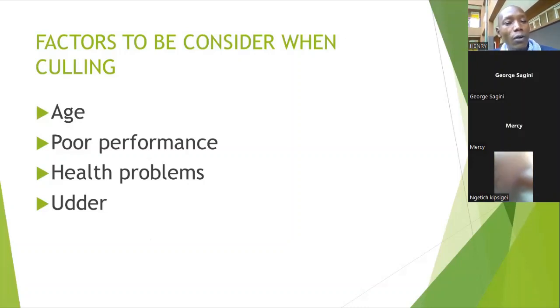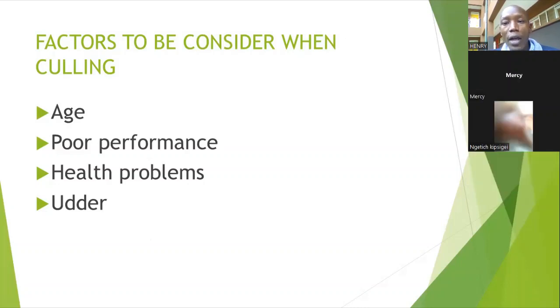Then the second objective is to see the factors to be considered when culling animals. We have certain factors to be considered when culling dairy animals. What are those factors that should be considered when culling?